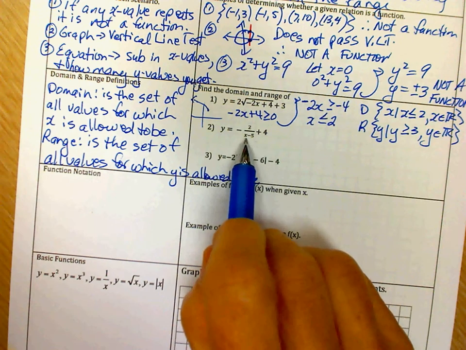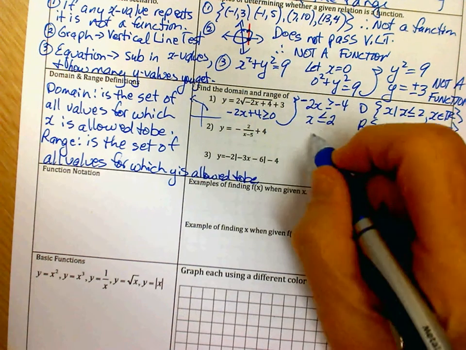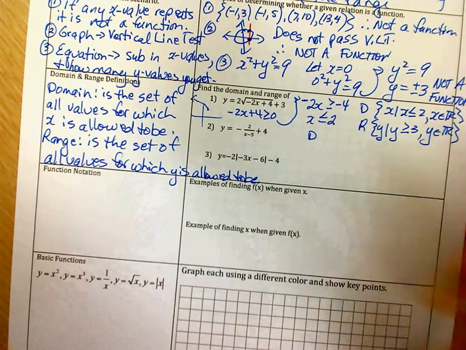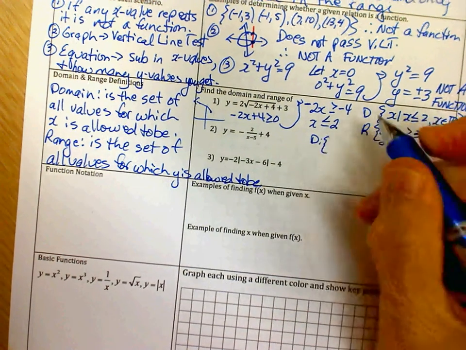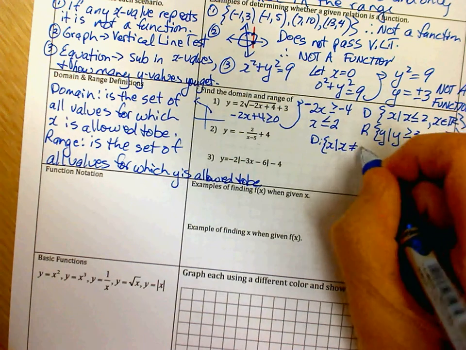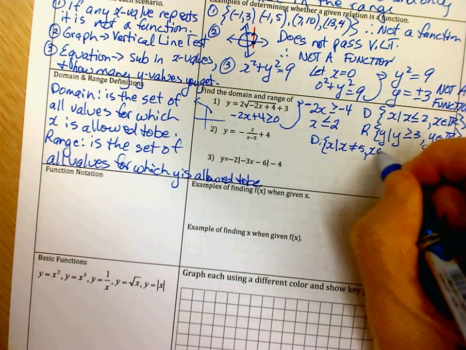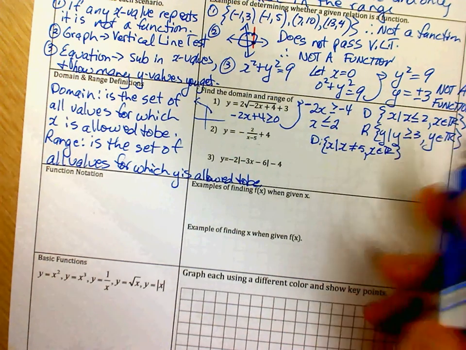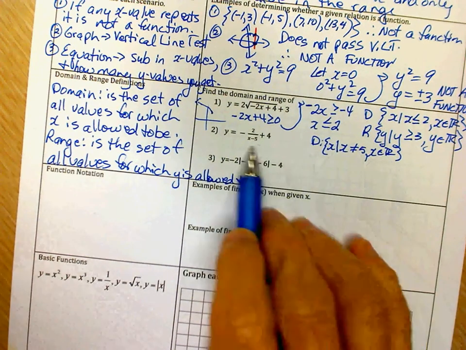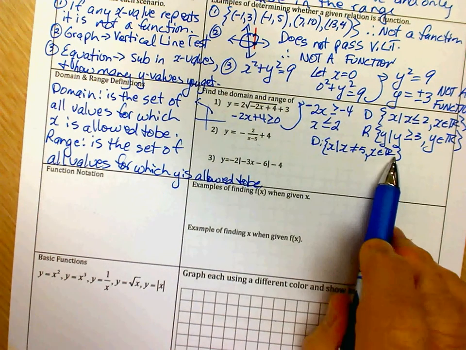So right away, we know our domain is x such that x cannot be 5, x is an element of real numbers, because we cannot divide by 0. X can be anything in the set of real numbers, but it cannot equal 5.